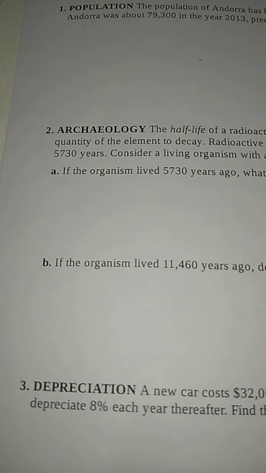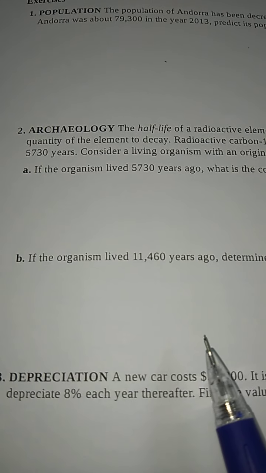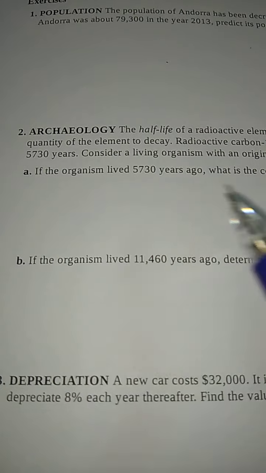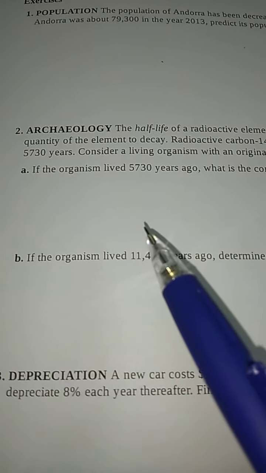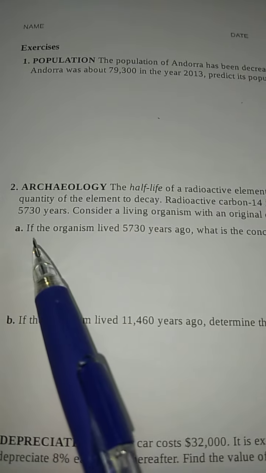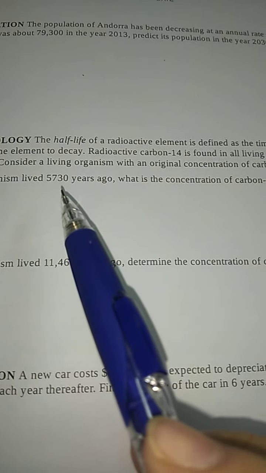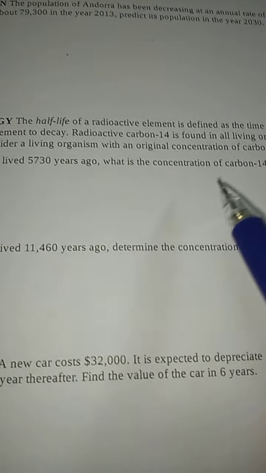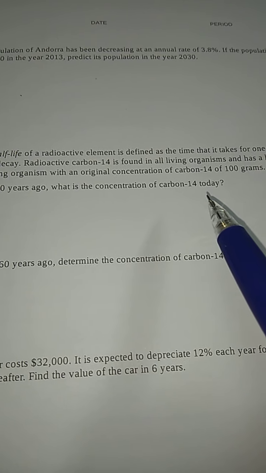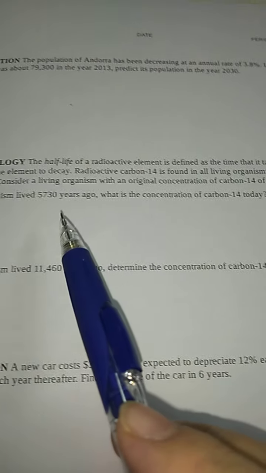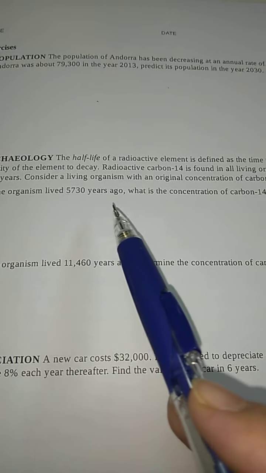I don't know if that was enough. I will also post another video on how to solve this question. Actually, this question is very simple. If the organism lived this long ago, what is the concentration of carbon-14 today? That means it has gone through 1 cycle.